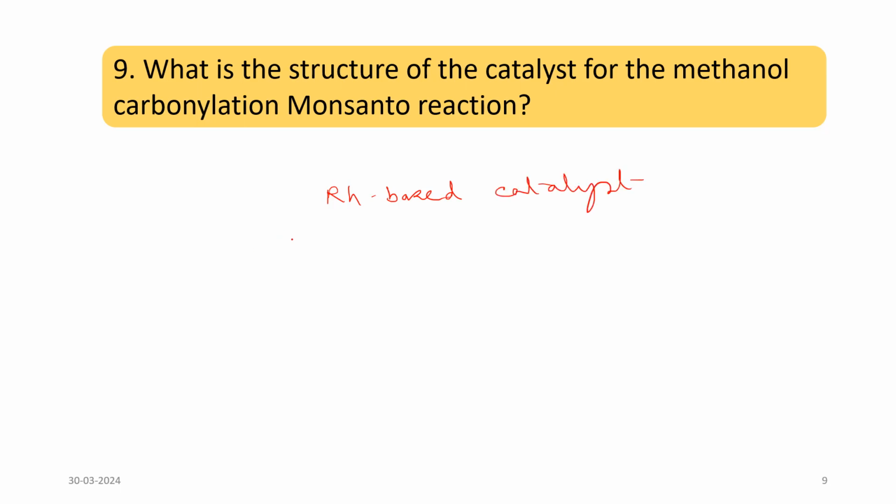So its structure is Rh(CO)2I2. Here Rh, here CO, here CO, here I, here I. Okay, so this is the structure of the catalyst used in the Monsanto reaction.